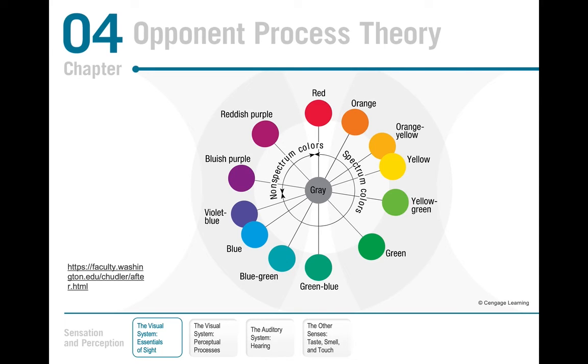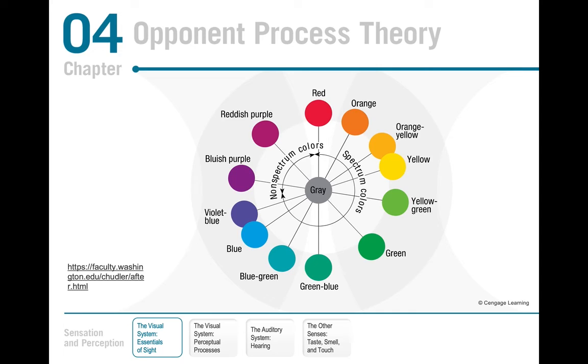So if you're staring at a red apple for a really long time, for example, and it doesn't really have to be really long, 15 seconds will do, and you look elsewhere, especially if you look at a blank white surface, you'll find a green-blue after image that comes after that.